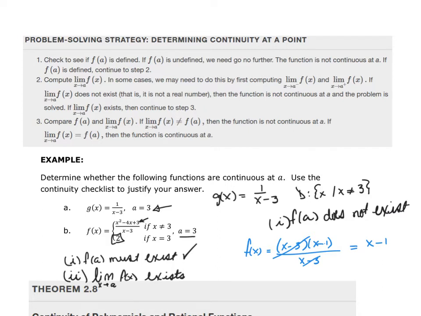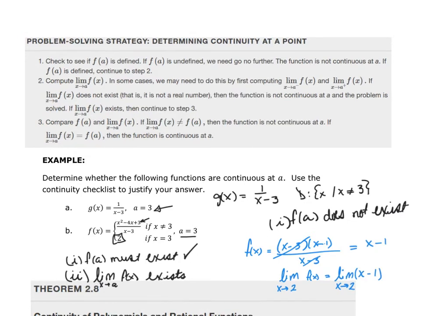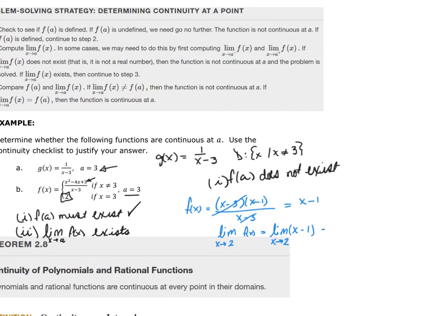We're trying to decide whether or not we fail some of the limit laws. So if I do the limit as x approaches 3 of f of x, this is equal to the limit as x approaches 3 of x minus 1. Now I know that I can go ahead and do a direct substitution, and I get 2.